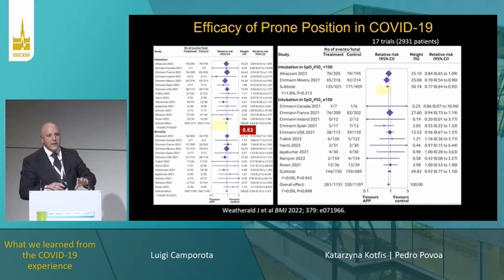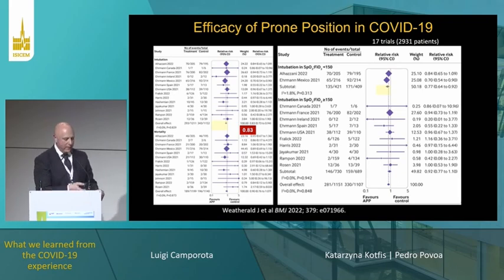And when you look at this busy slide, essentially I've highlighted the main point to say, when you put all the studies together and you look at intubation as an outcome or mortality as an outcome, you can see there is no difference in mortality, but there is quite a good signal in favor of prevention of intubation. And you can see there, particularly if the PF ratio is below the 150 threshold.